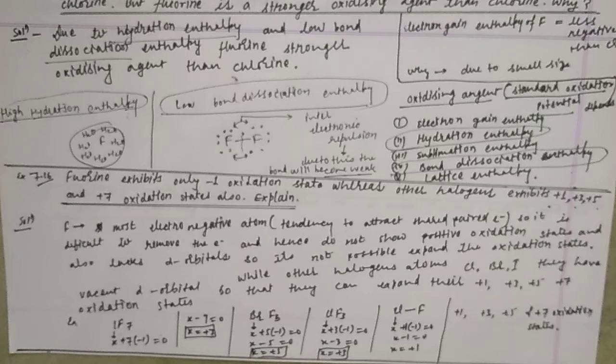Because it does not have d orbitals. In case of chlorine, bromine and iodine, they are not small in size and not the most electronegative, so they can show positive oxidation states in interhalogen compounds, and exhibit +1, +3, +5 and +7 oxidation states, as I explained in the examples.